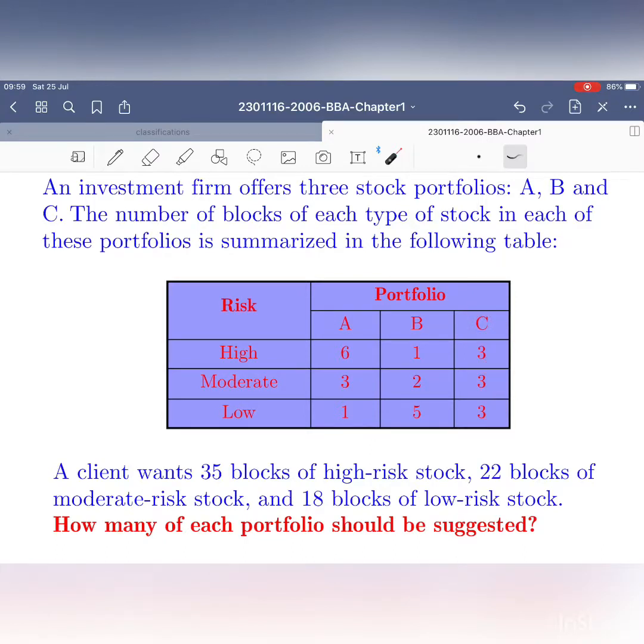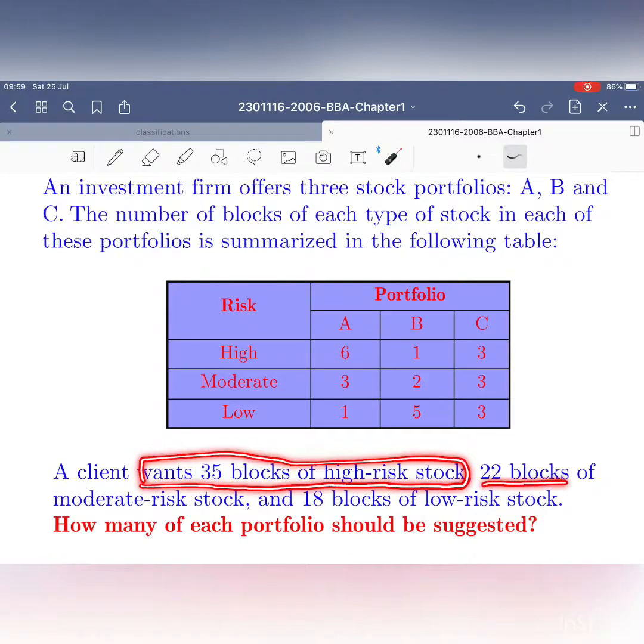If the client wants 35 blocks of high risk stock, 22 blocks of moderate risk stock, and 18 blocks of low risk stock, then how many of each portfolio should be suggested?